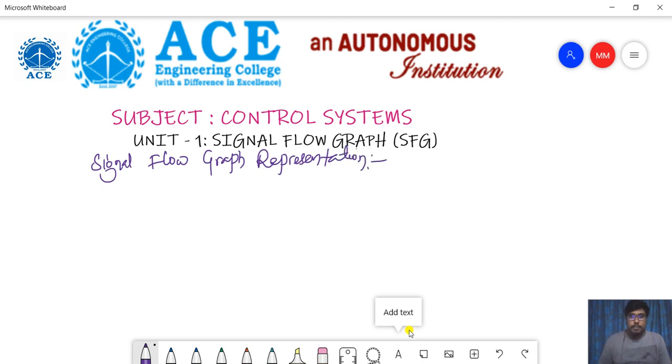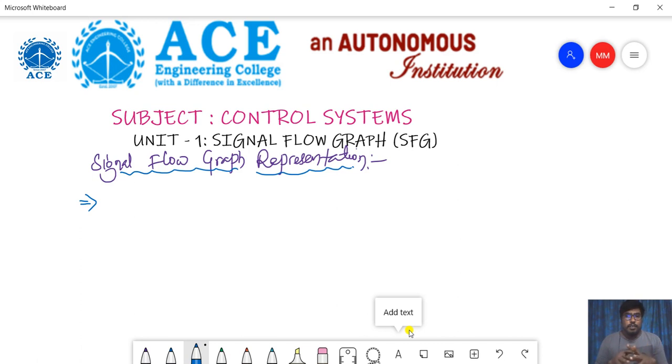This is the signal flow graph representation. We'll discuss it point-wise, so we'll give a small introduction about signal flow graph.